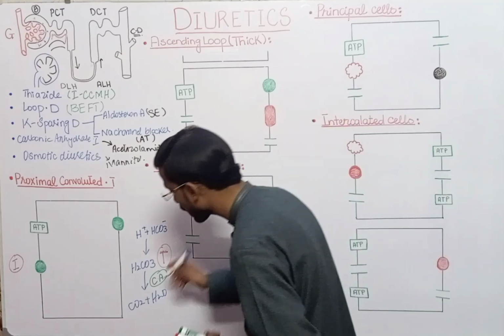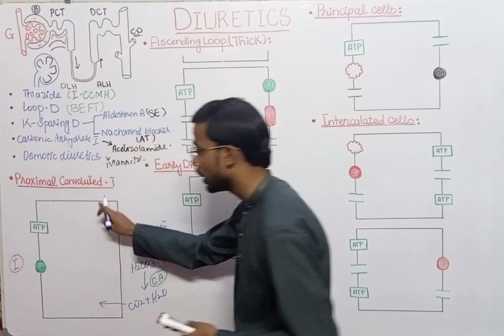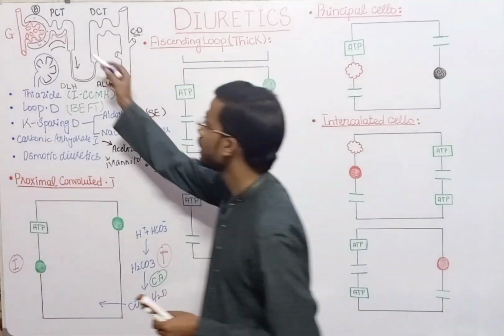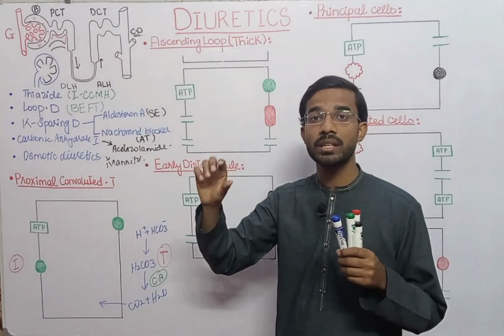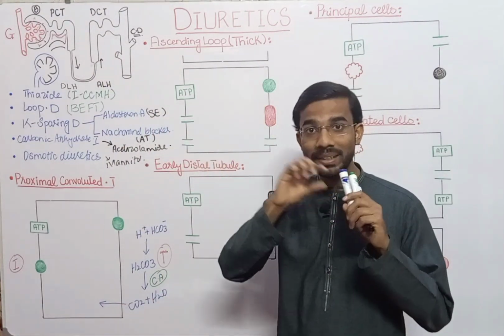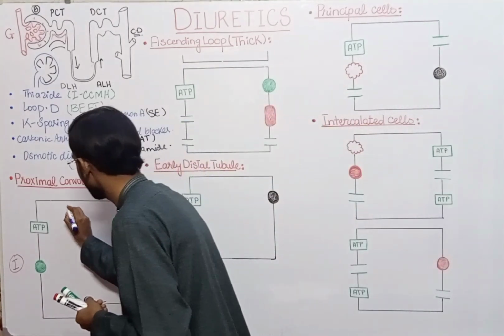Then this carbon dioxide and water enter into the epithelium of the proximal convoluted tubule. Actually this tubule is formed by the epithelial layer, so this is the epithelial cell.